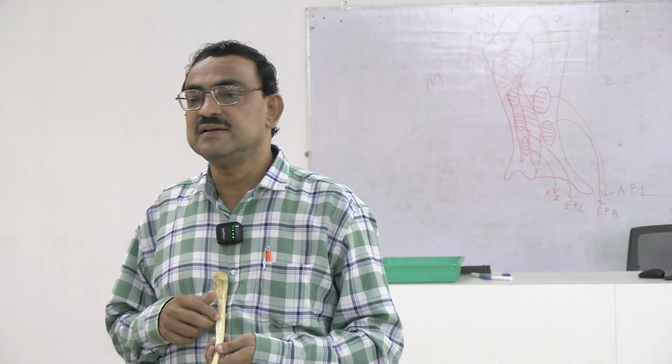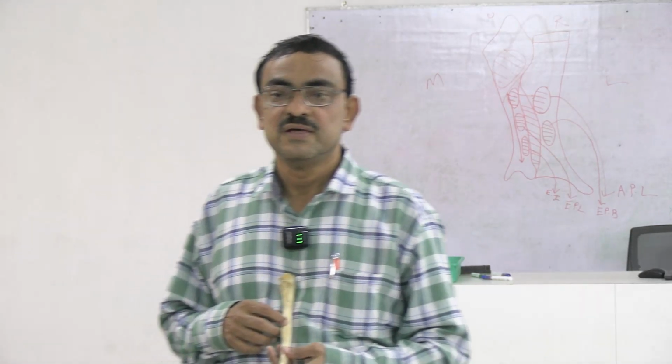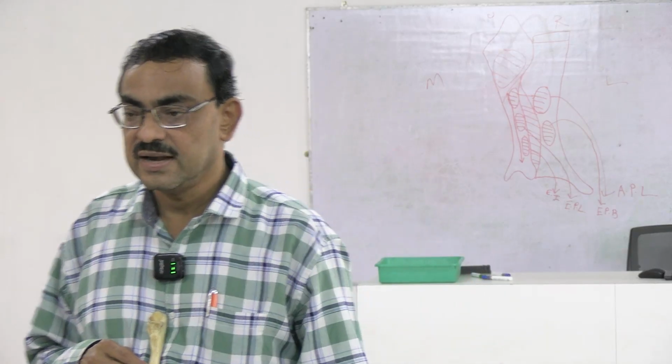So the primary center here appears at 8 weeks of intrauterine life. For the upper end, the secondary center appears after birth, at 8 years generally, and joins with the shaft at 16 years. In the lower end, it appears at 6 years. So it is earlier.